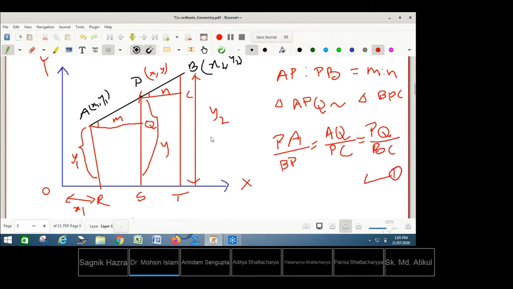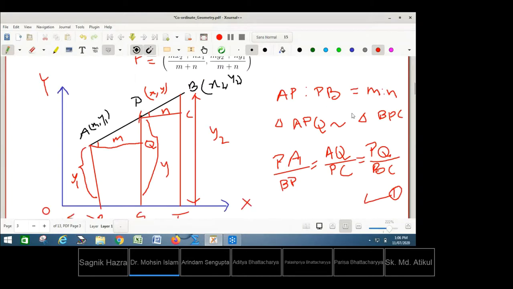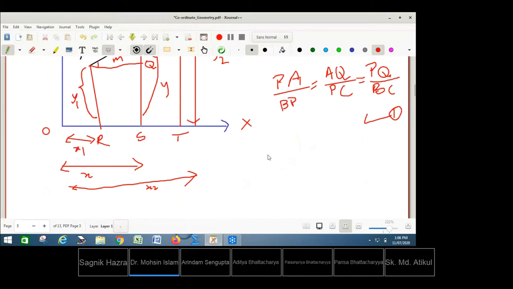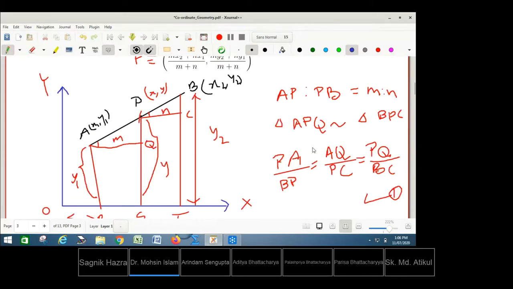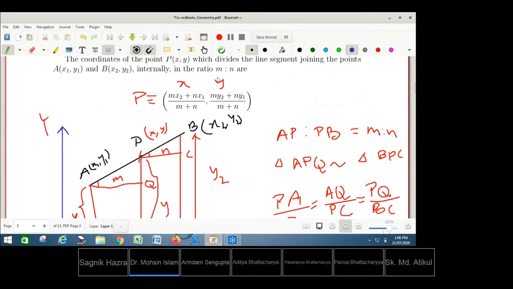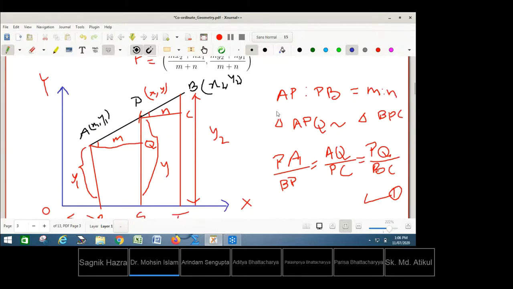What I'm doing is, these two triangles are similar, so I'm writing PA by BP equal to AQ by PC and PQ by BC, from the diagram. Your PA by BP is given in the problem as M is to N, so I'm writing M by N as the first ratio.